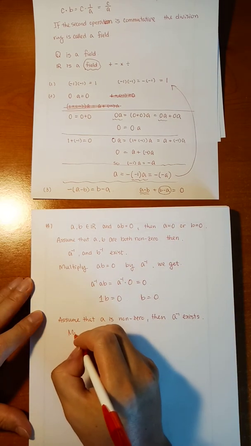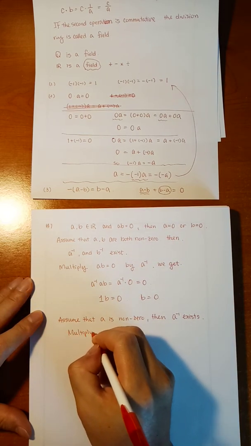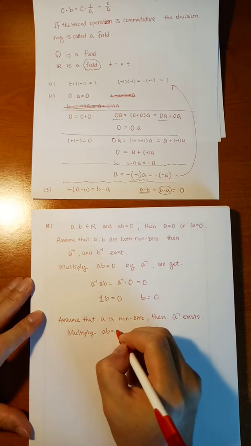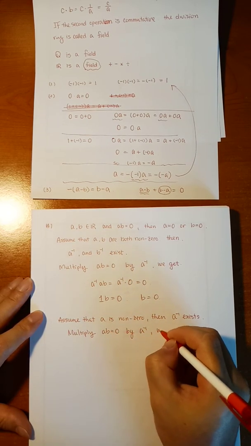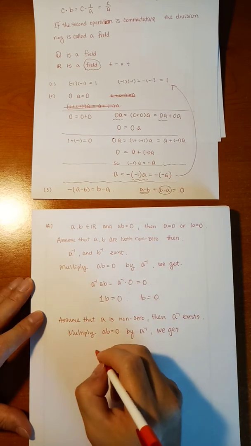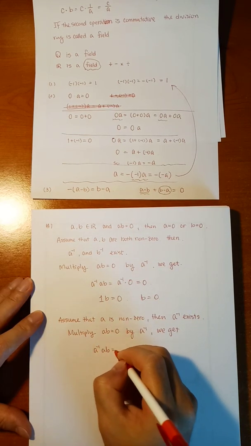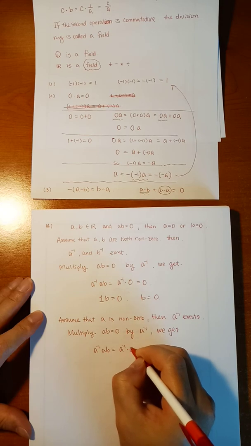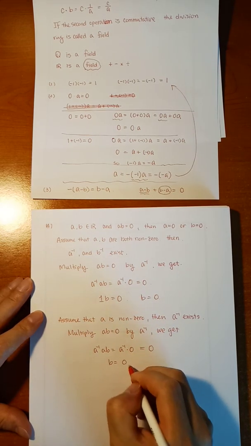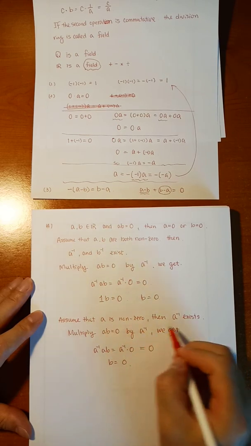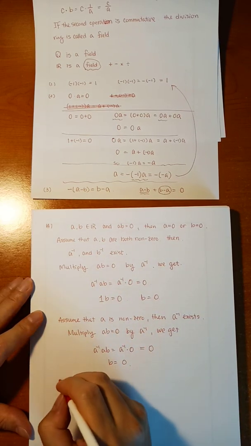Then multiply AB equal to 0 by A inverse, we will get A inverse AB equal to A inverse times 0. It is equal to 0, then B is equal to 0. So if A is non-zero, then B is 0.